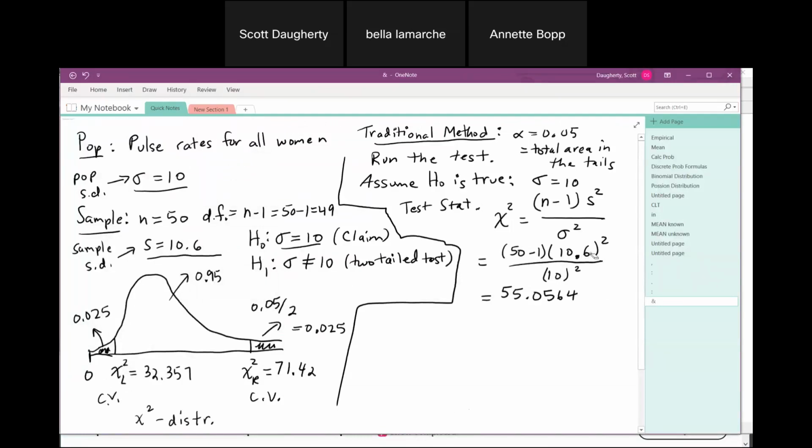Now remember, if this was 10, as we would expect if you're drawing from a population where sigma is 10, then this would have been 49. So the fact that this is 10.6 instead of 10 pushes it up a little bit from 49 to about 55. So our test statistic lands right in here, 55.